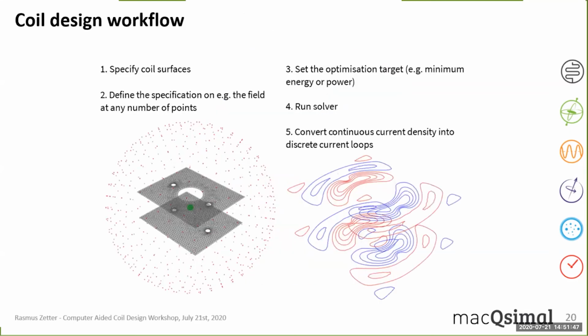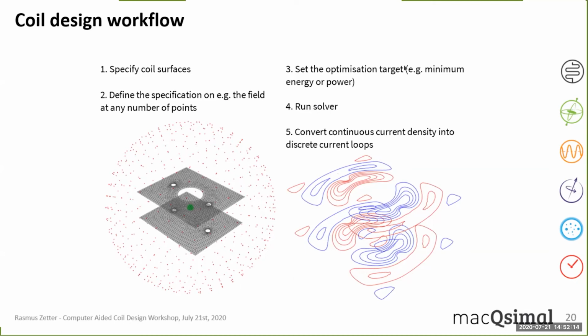So taking a step back, the workflow that we have is that we first specify a geometry, in this case a mesh. Where are the windings allowed to go, or the surface current? We define a specification of, for example, the field at any number of points. Here on this image we have a target region in green behind the mesh, and then some stray points in red.